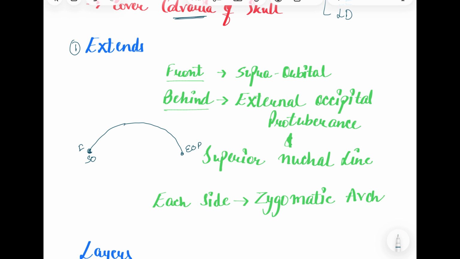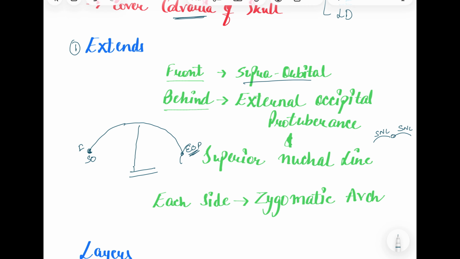And as we know, external occipital protuberance, on either side we have the superior nuchal lines, right? So it will be extending up to the external occipital protuberance and your superior nuchal line. On the lateral part, it reaches till your zygomatic arch. So this is the extent of your scalp region.